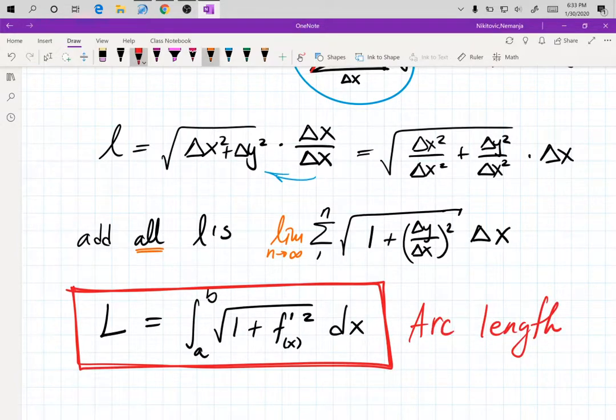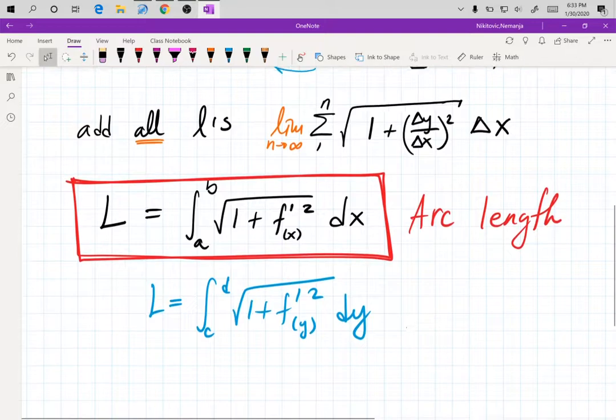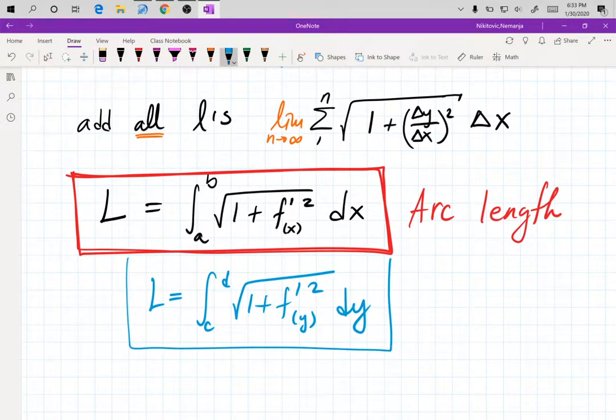And we need the blue one as well. L equals integral c to d square root of 1 plus f prime squared of y dy, just for good measure, right? The y direction as well. Every formula we learn in chapter 6 has the x integral and y integral, so there they are.